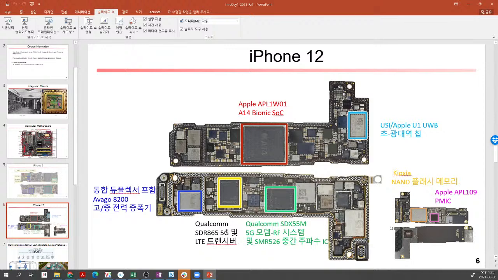This is the 5G LTE transceivers, and this is an RF analog chipset. On the right-hand side we have a digital chipset that processes all the communication signals. This is the 5G modem.